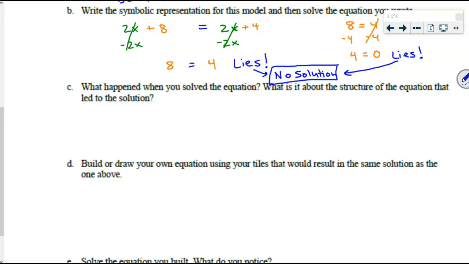It disappears completely from the equation. Let's write that down. I'm writing. Are you writing?